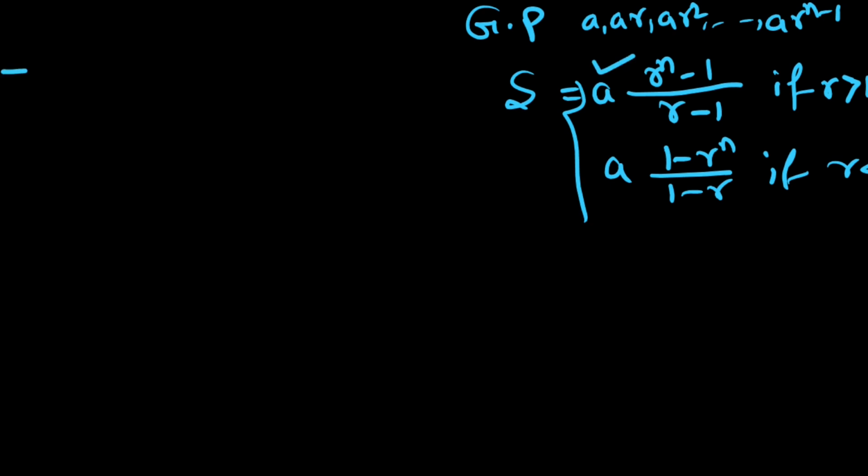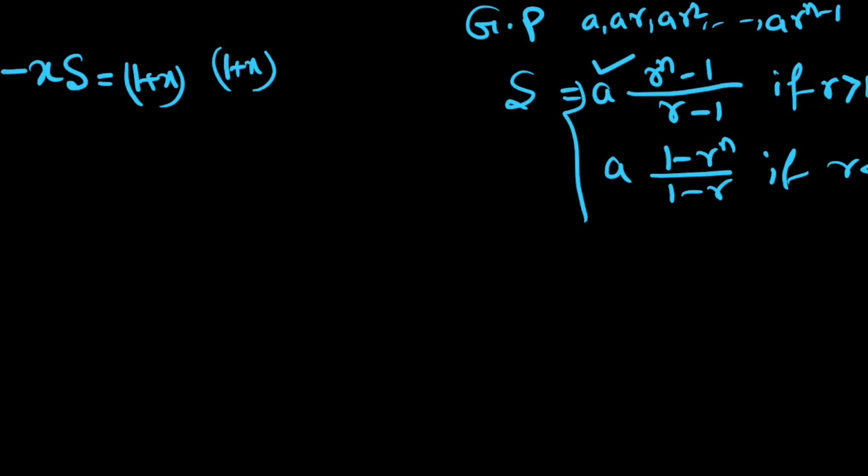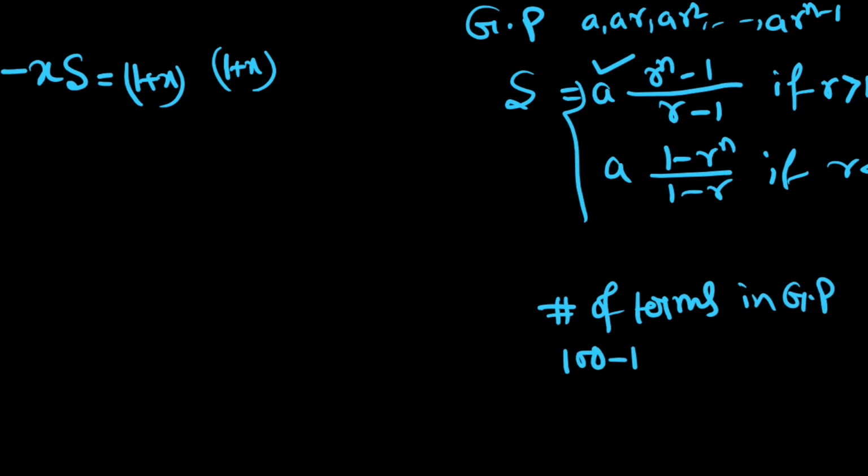Our expression is x into s is equal to, first term is 1 plus x and common ratio is 1 plus x. So how many terms are here? 1, 2, up to 100. So the number of terms in the GP series is 100 minus 1 plus 1, so it is 100.